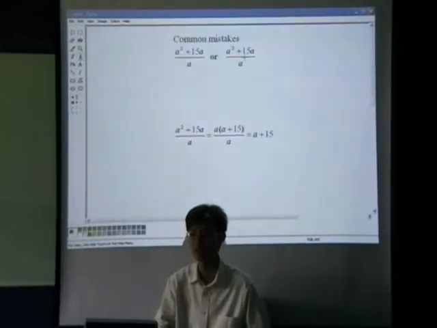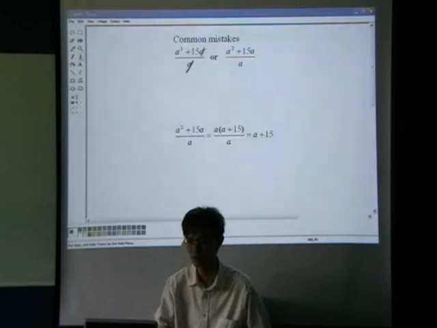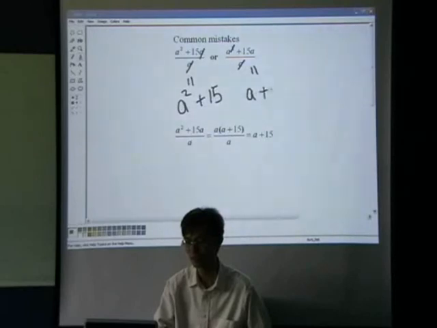At this juncture, I would like to point out some common mistakes committed by students. Like a squared plus 15a over 2a, students will tend to cancel this with this, and the answer will be equal to a squared plus 15. Or, students will cancel this with this to give the answer as a plus 15a.